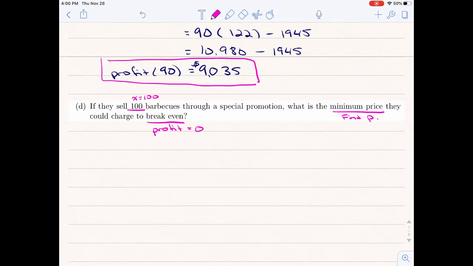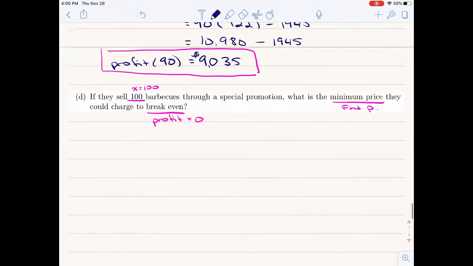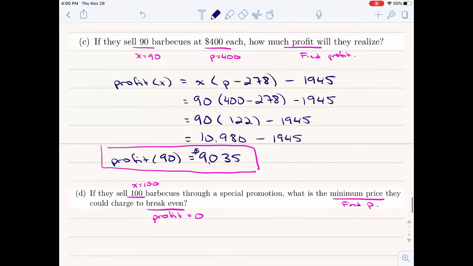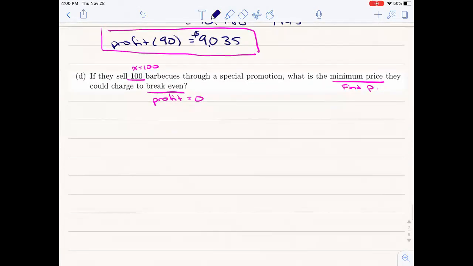This is the same question as part A, right? Just different X. So again, I'm just going to use that general profit function that we developed. So we've got the profit of X is X times P minus 278 minus 1945.